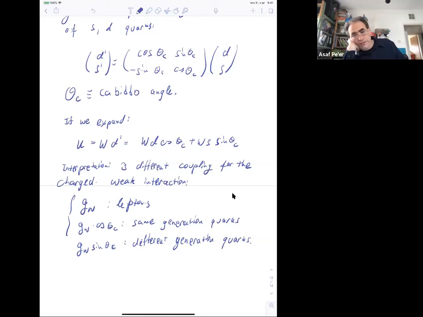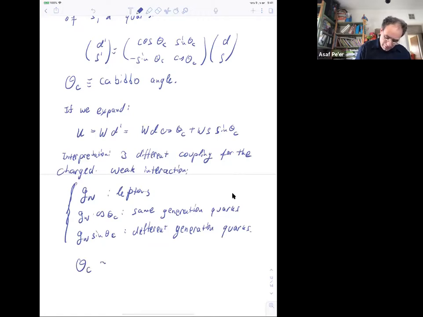Now, theta Cabibbo you can find experimentally by measuring the coupling constant between quarks of the same generation, the up and down quark, and different generations, such as the S and the up. So theta Cabibbo is about 14 degrees. This is an experimental result.